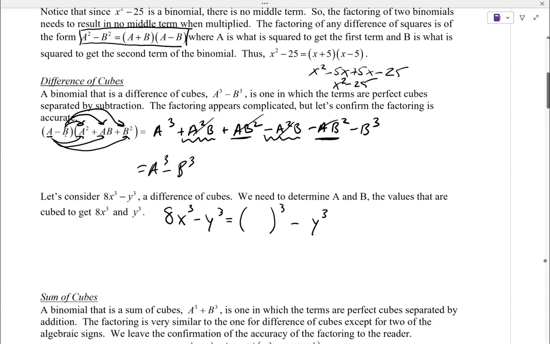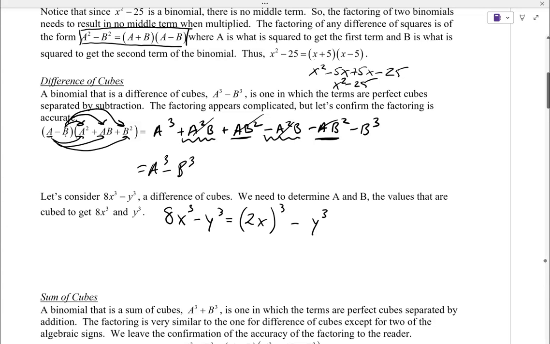But let's look at the first term and split it up like we were doing with the squares, right? What do you need to cube to get 8? 2, right? That's again why I gave you the sheet, isn't it? So what goes in the parentheses here then? 2x, right? So a 2x, the whole thing cubed, gives us 8x cubed.